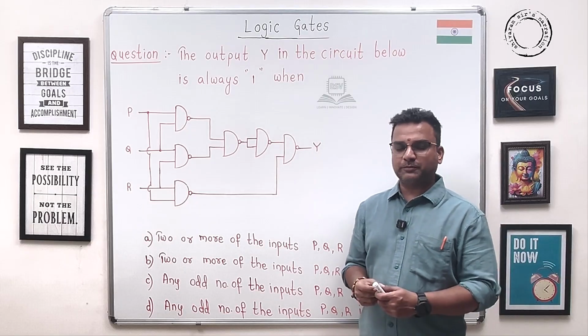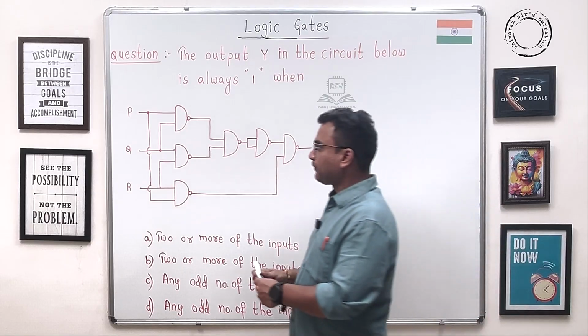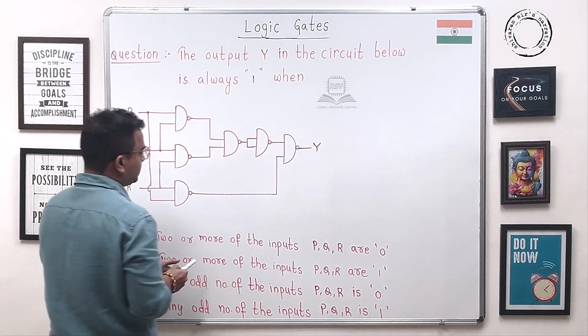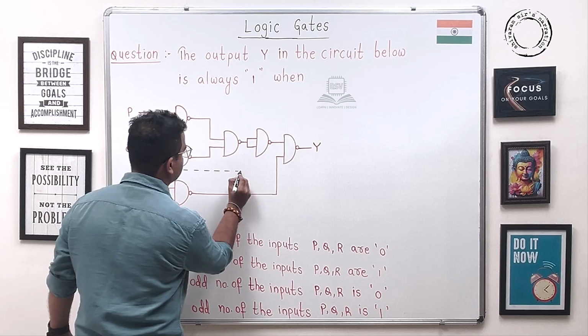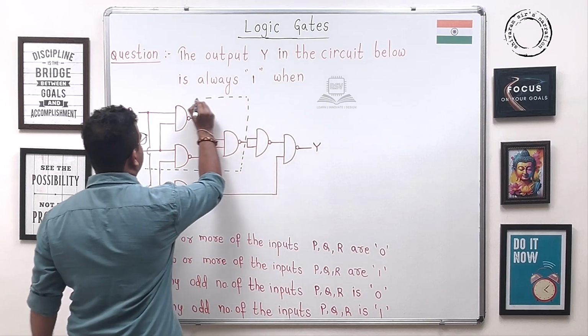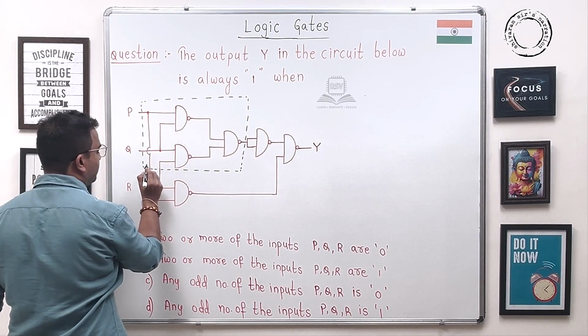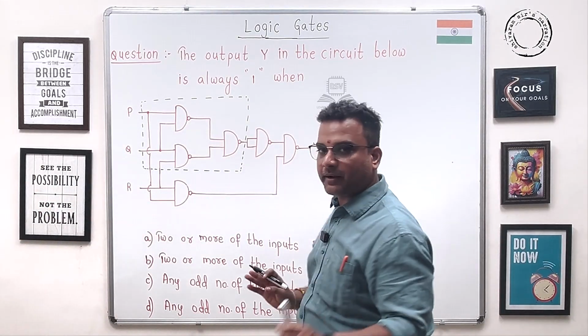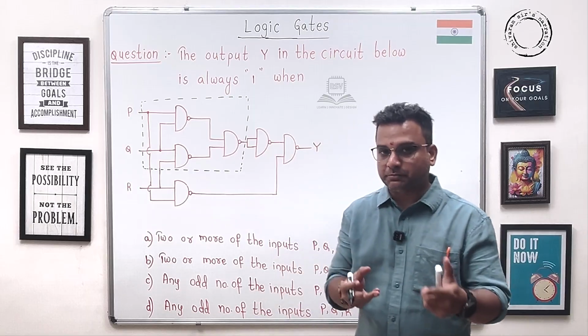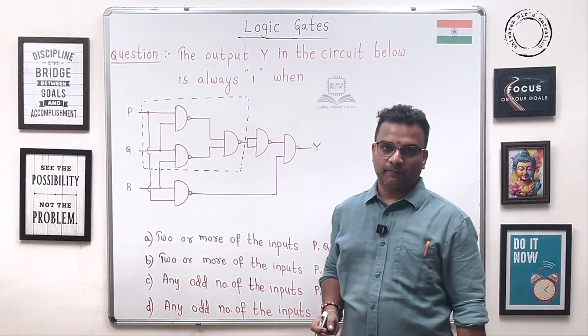How is it possible? Guys, if you observe this part of the design, you can understand this is a NAND implementation, isn't it? If it is a NAND implementation, it can be expressed in SOP form.